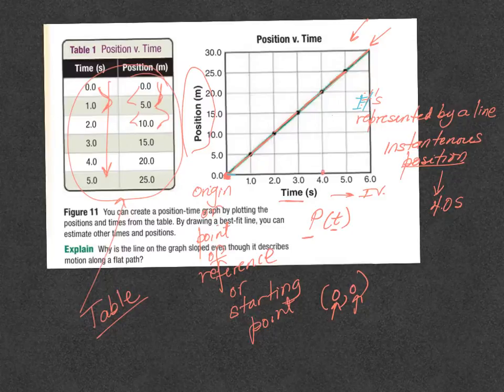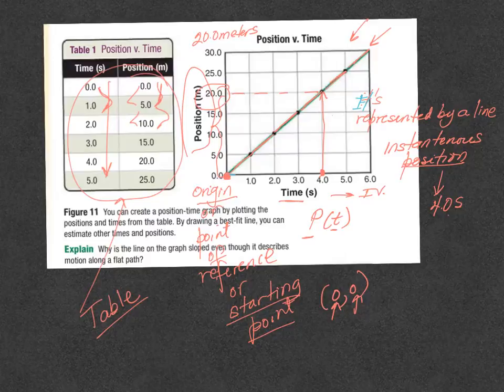I go over here to my independent variable, 4 seconds, all the way up to my line, and then I go all the way here to the left: 20 meters. What does that mean? That after 4 seconds, my object was 20 meters away from the point of reference or the starting point.